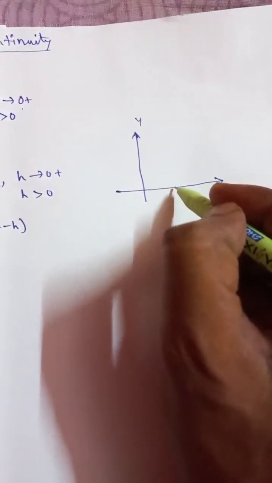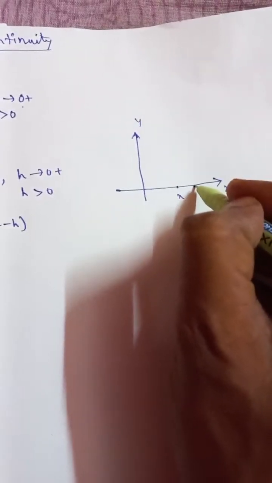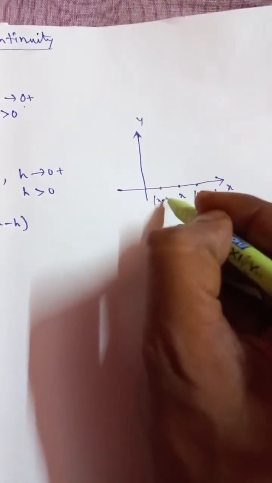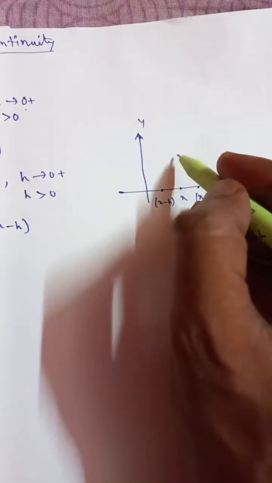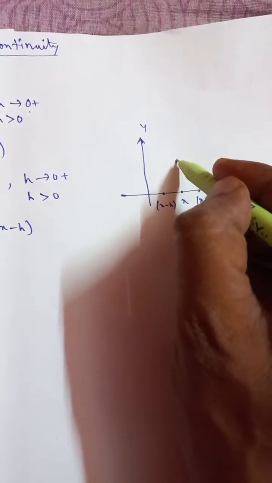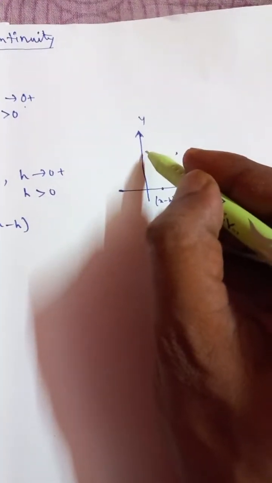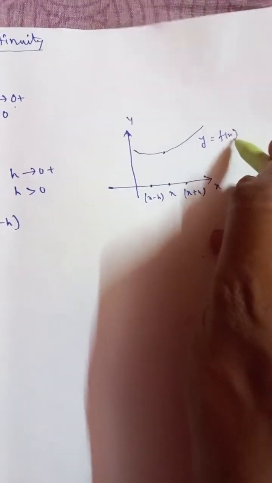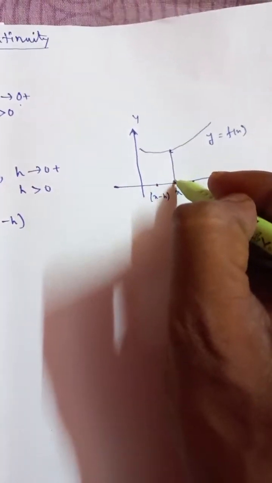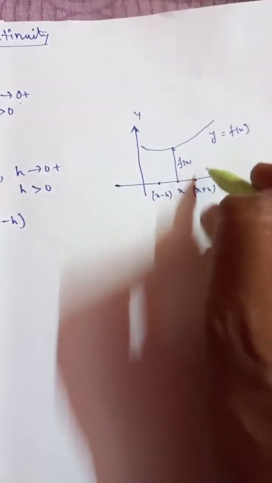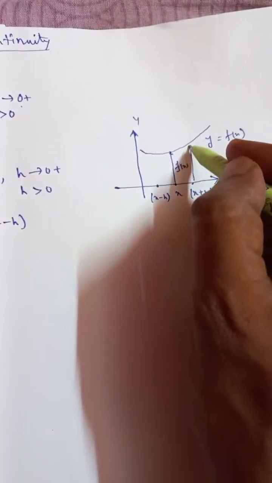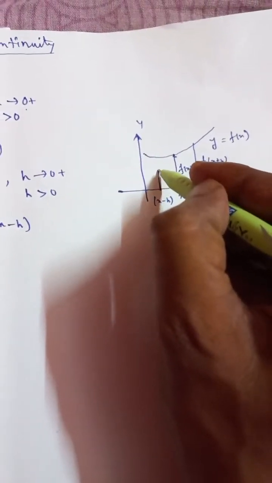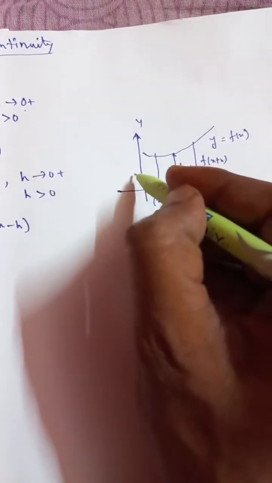So if we take x any point, this is x plus h, this is x minus h, and if we take here y, in this way we will take a function y equal to f(x), then this will be the f(x) at x plus h, and here this will be x minus h.